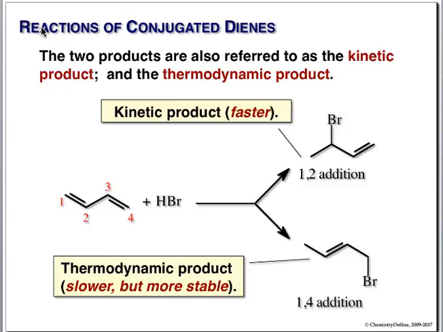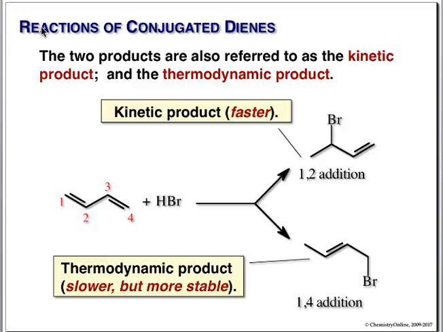That means it happens fast. And the 1,4 addition product happens slower, but it's more stable, and so it's called the thermodynamic product. Kinetic, fast; thermodynamic, stable. Any questions?